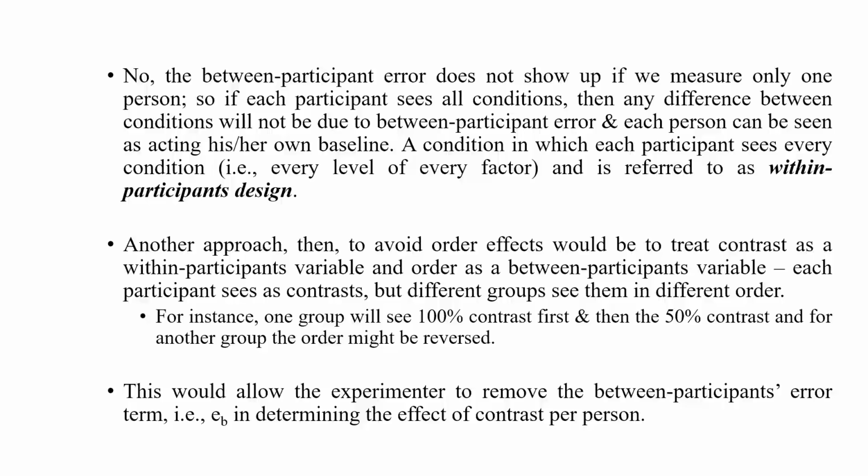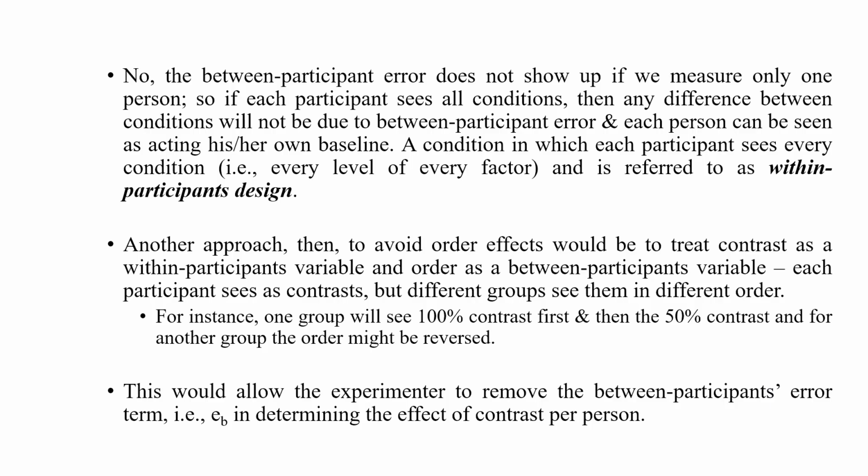So, 10% versus 20%, 10% versus 50% and so on. A design where each participant sees all the conditions, that is every level of every factor, is referred to as a within participants design. So, earlier it was between participant; here we are talking about within participant design.